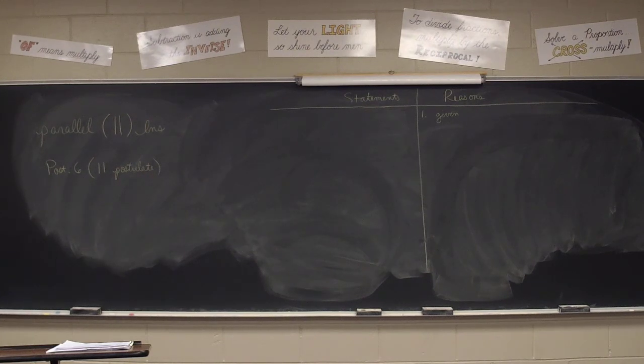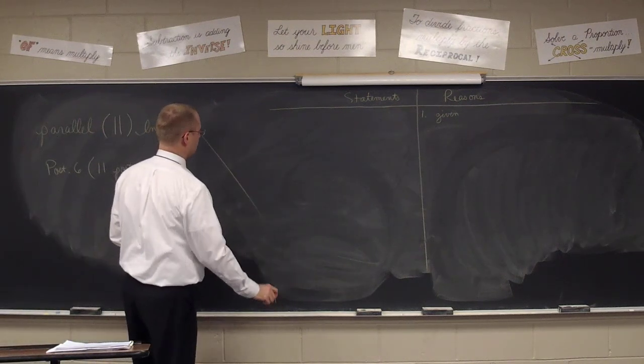Postulate 6 says this: through a given point, one and only one straight line may be drawn parallel to a given line.